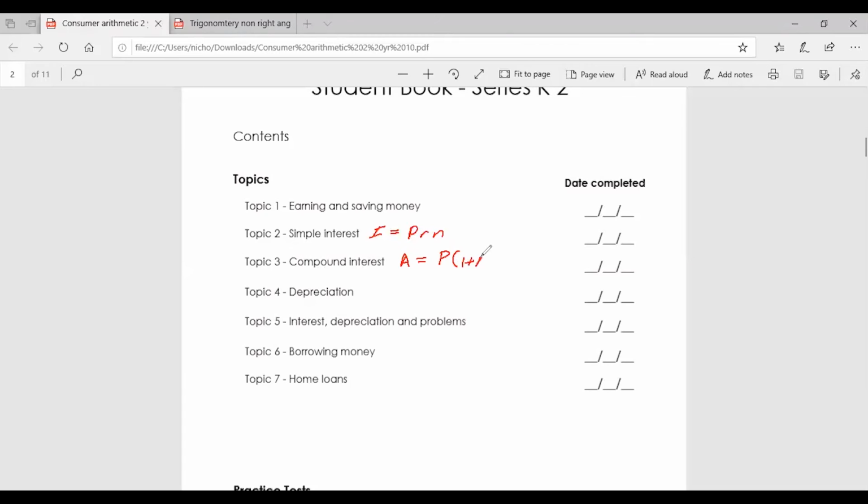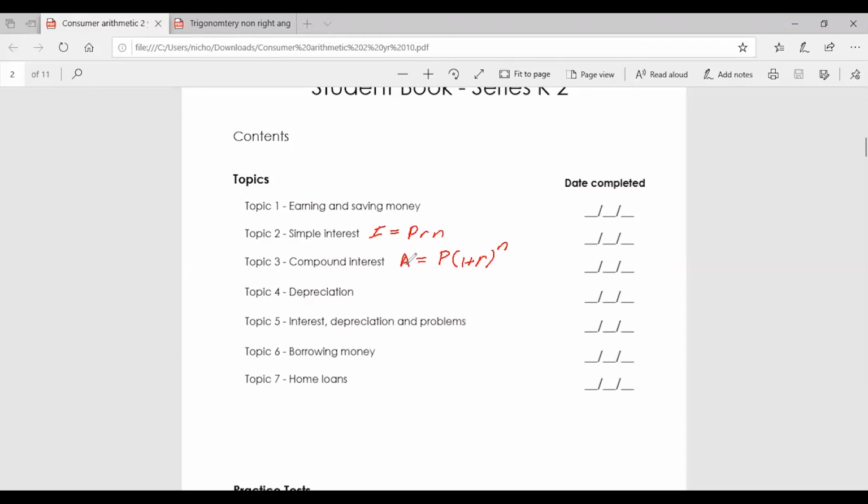Yeah, 1 plus R. Because this is interest, we're going to be earning money, and it's to the power of N, right? And what's the difference between A and I? A is the amount of money after the interest has been added. And what's I stand for? Interest. So A is the initial amount plus the interest. I is just the interest.